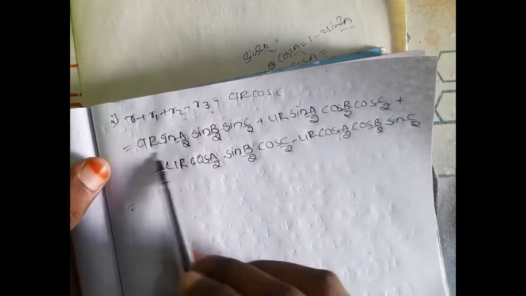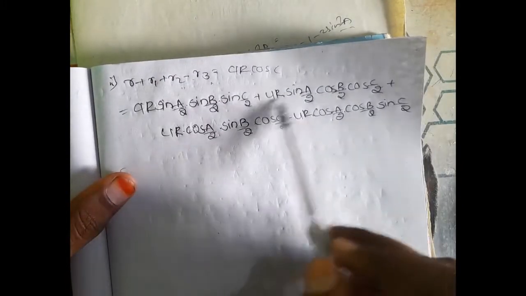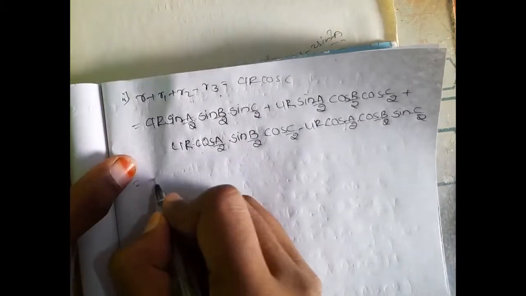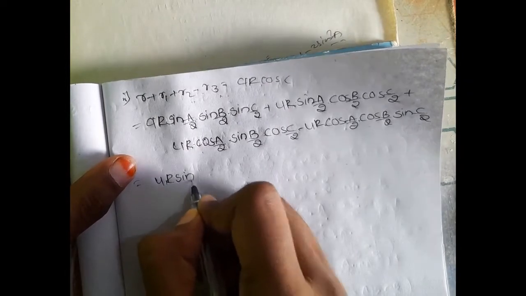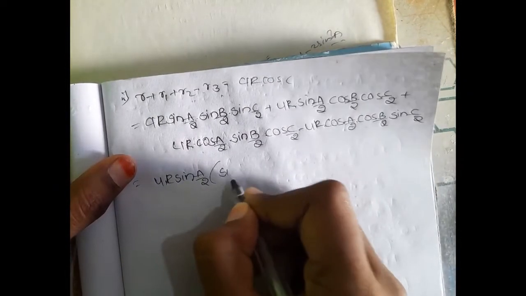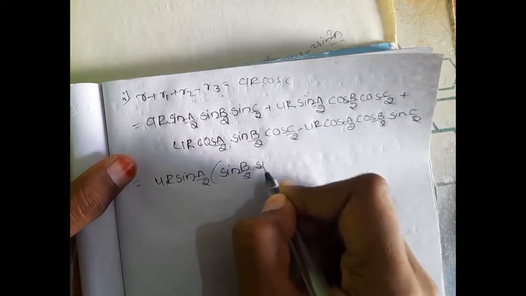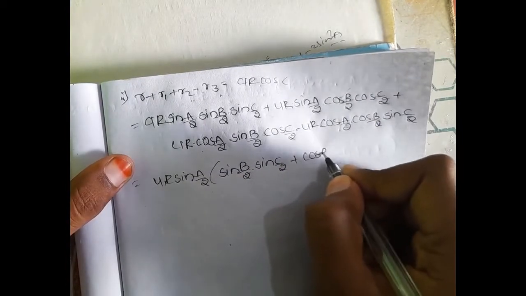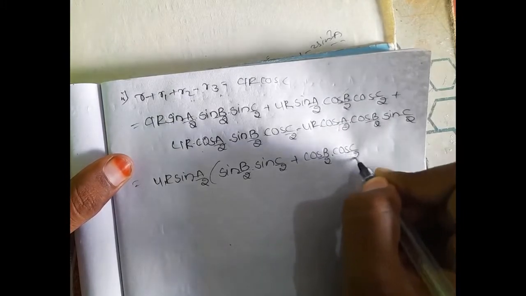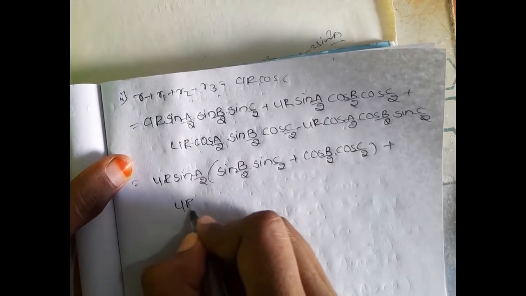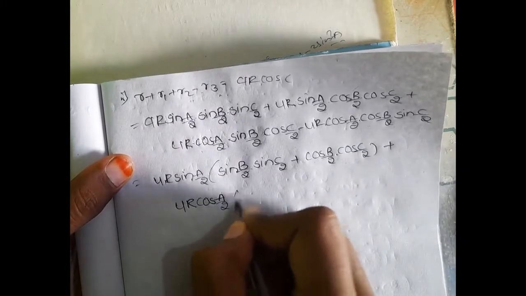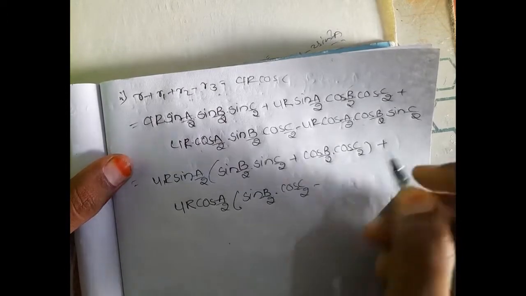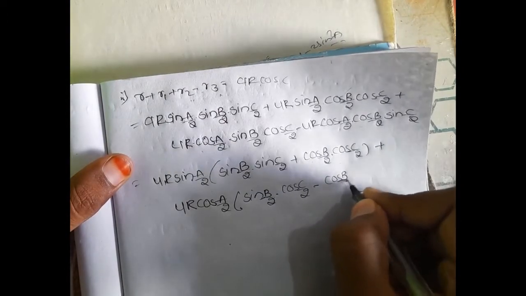Okay. Now from the first two taking 4R sin A by 2 common, and from the last two taking 4R cos A by 2 as common. So 4R sin A by 2 into (sin B by 2 sin C by 2 plus cos B by 2 cos C by 2), plus 4R cos A by 2 into (sin B by 2 cos C by 2 minus cos B by 2 sin C by 2).